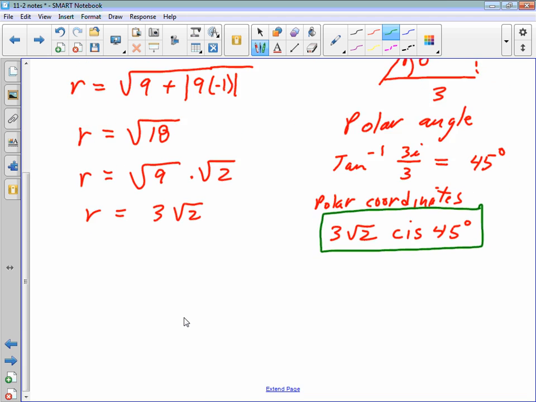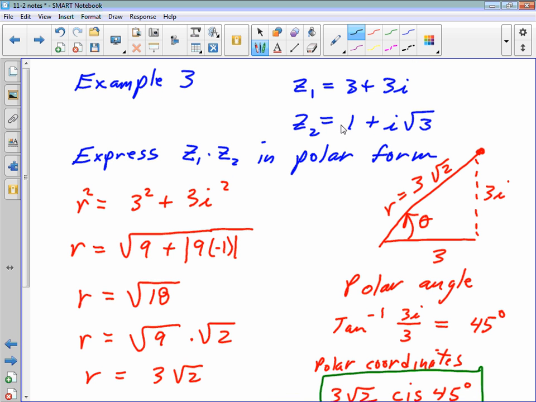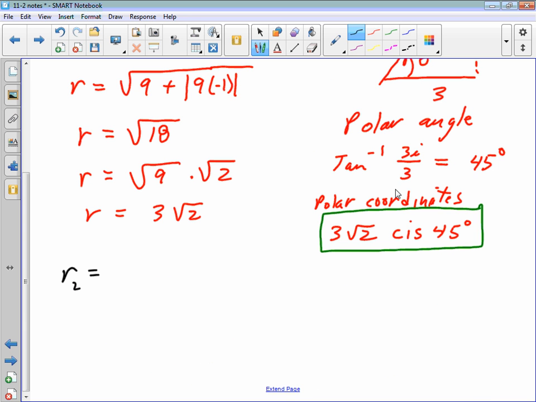I could have said that was r sub 1. I'll use a different color to make them look different. So now I'll go r sub 2 equals, on this one we have, I can't even remember, I've lost it, 1 plus i times the square root of 3. Okay, let's make a little sketch.